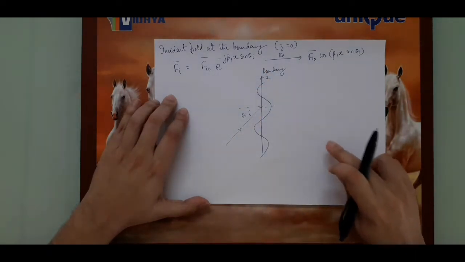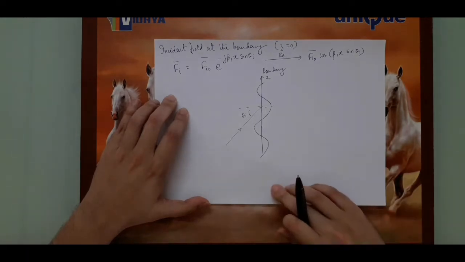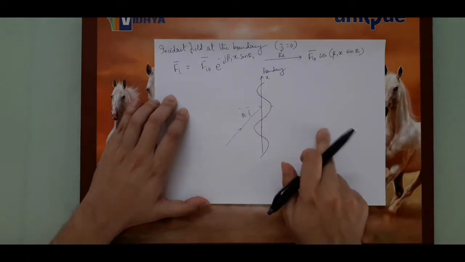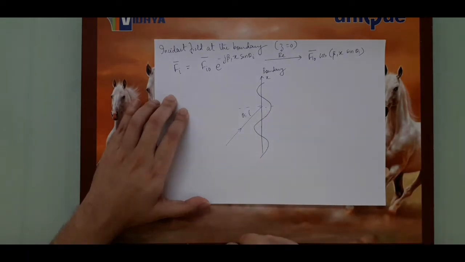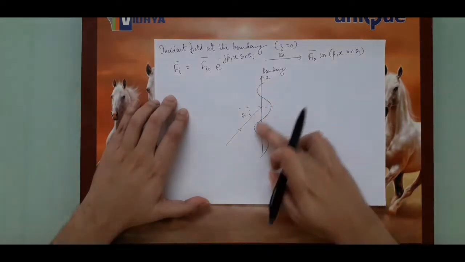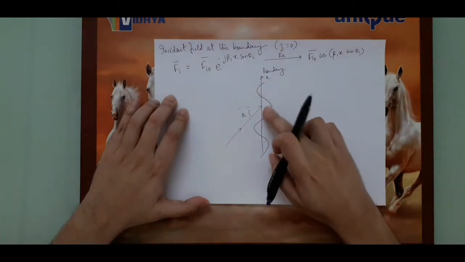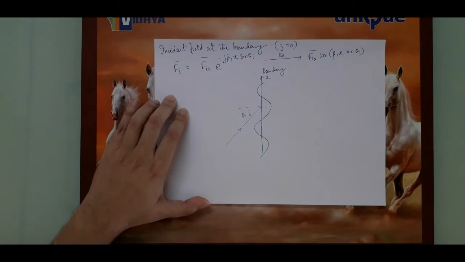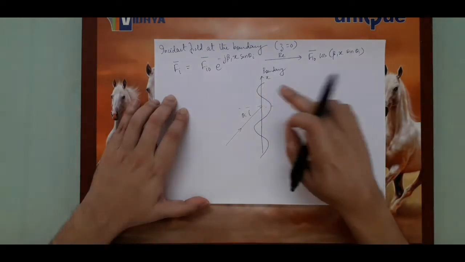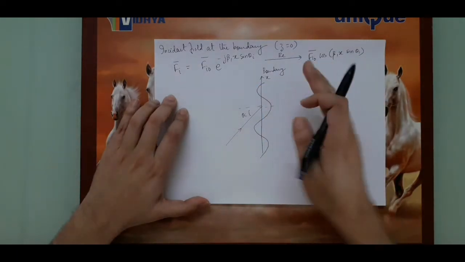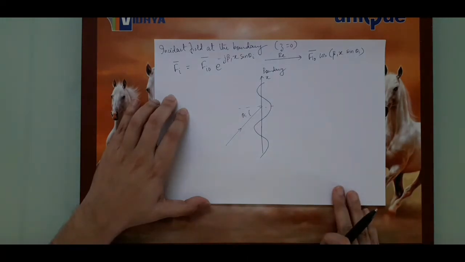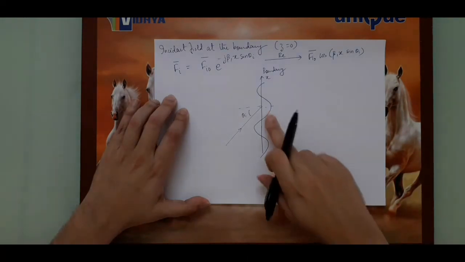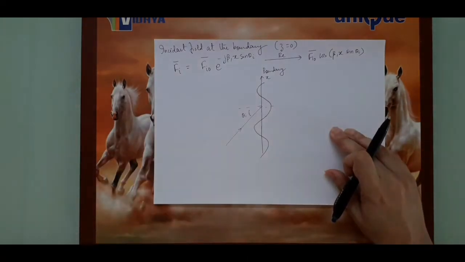Now suppose somebody else is sitting in medium 2. The person sitting in medium 2 has no idea of the wave in medium 1. He is just saying that there is a surface disturbance in the form of a field variation which exists on both sides. So he will say, okay, I can see a field variation, and this field variation will produce a wave.